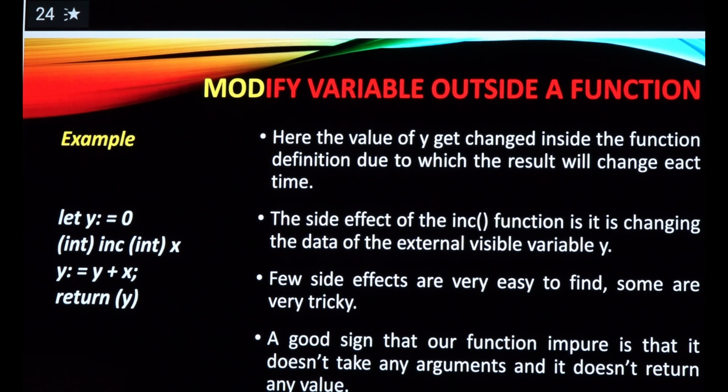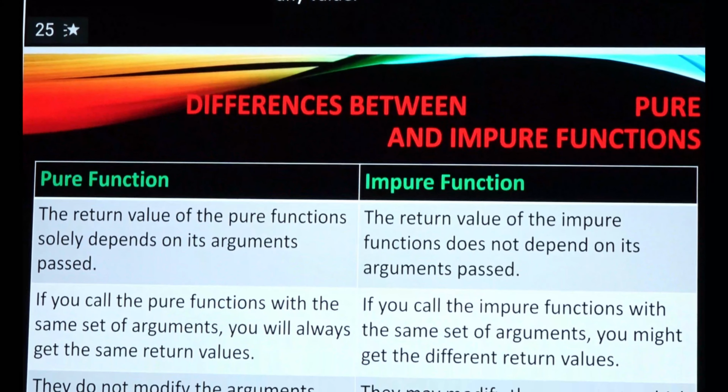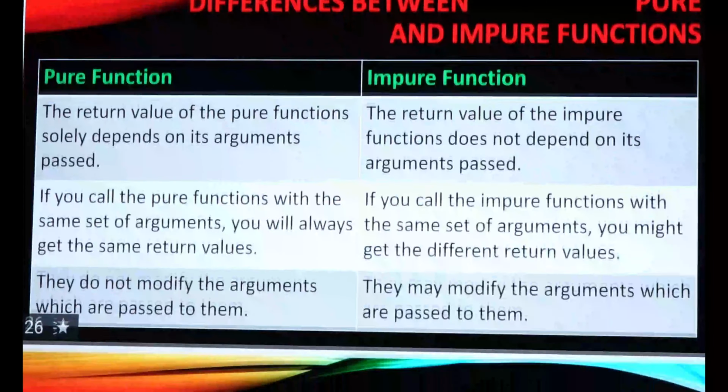So each time, the side effect of the inc function is that it changes the data of the externally visible variable y, right? Few side effects are very easy to find, some are very tricky. A good sign that our function is impure is that it does not take any argument and it does not return any value.